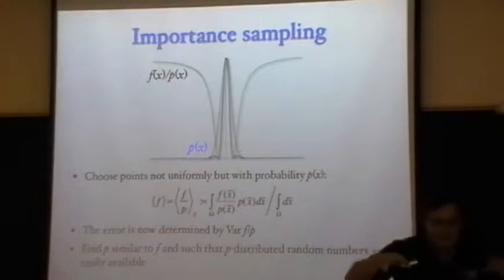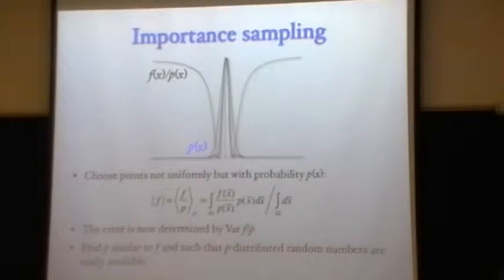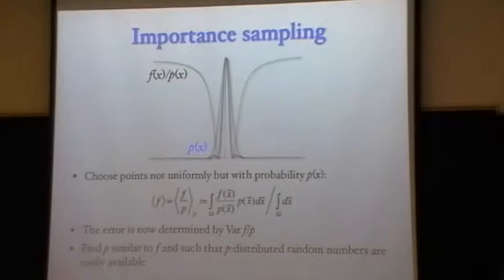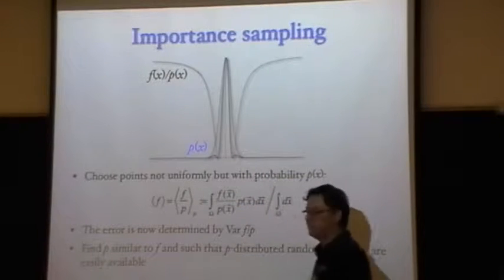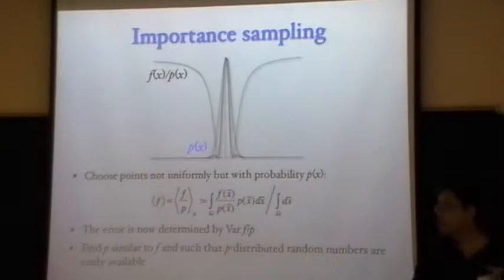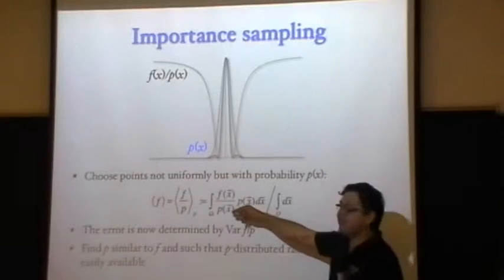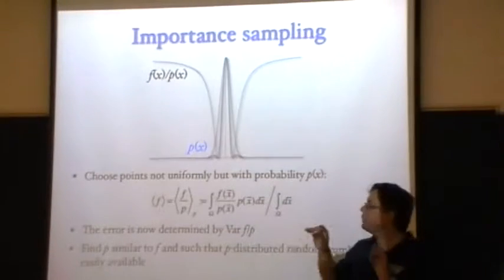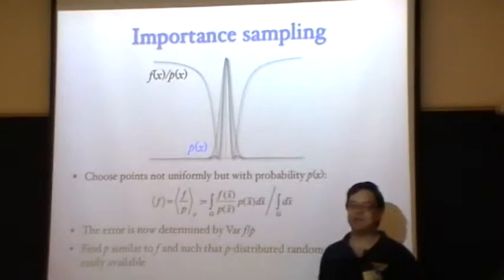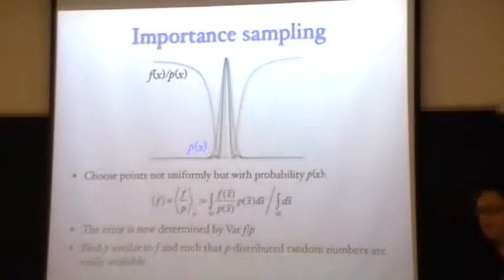That should be similar to the function we want to sample, like the blue curve here. And then we don't measure f, but we measure f divided by p. So it's the same integral at the end, but we draw more points in the region where the function is large. So we will be more efficient.